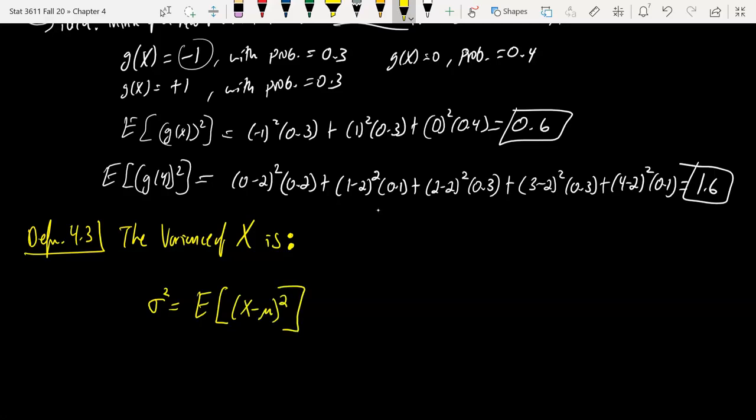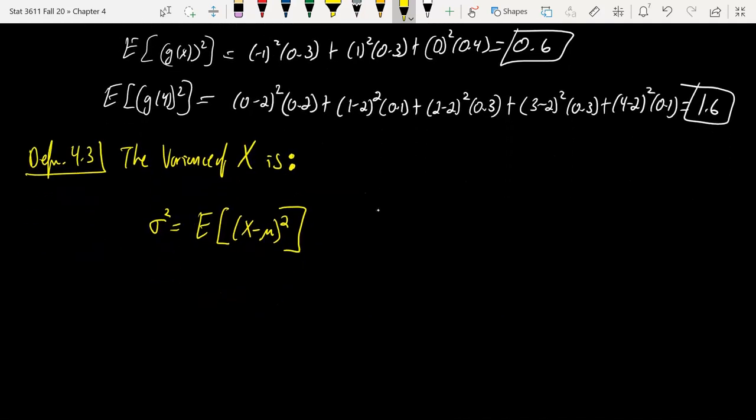The variance of x is the expected value of x minus mu squared, the distance that your random variable can take on from the mean. We square that quantity to make sure that the distances are positive, because we're talking about a distance, not necessarily just a direction. This letter right here is the Greek letter lowercase sigma, and sigma squared is the notation for variance.